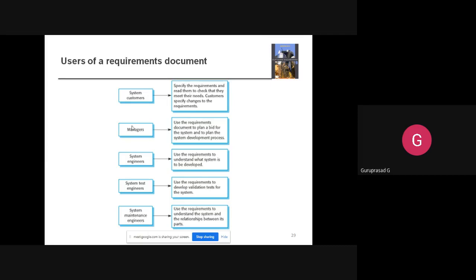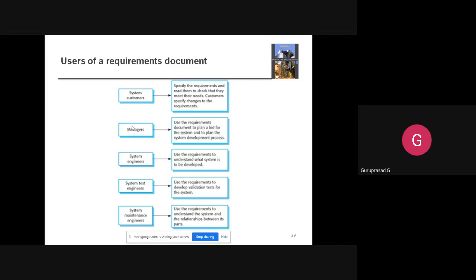The other one we have is the managers. Managers use the requirements document to plan a bid for the system, and to plan the system development process. The system engineers use the requirements to understand what system is to be developed.